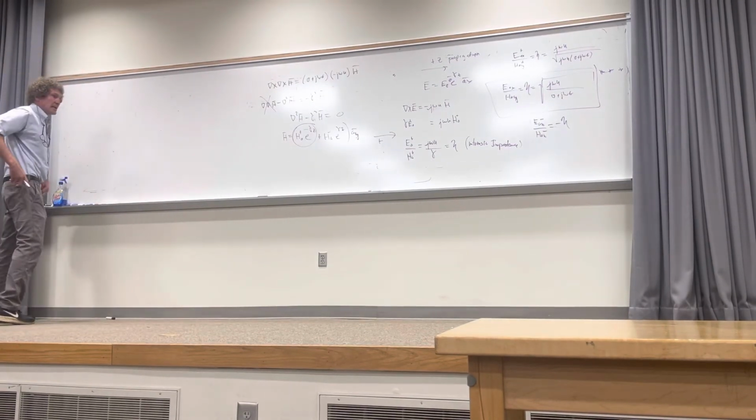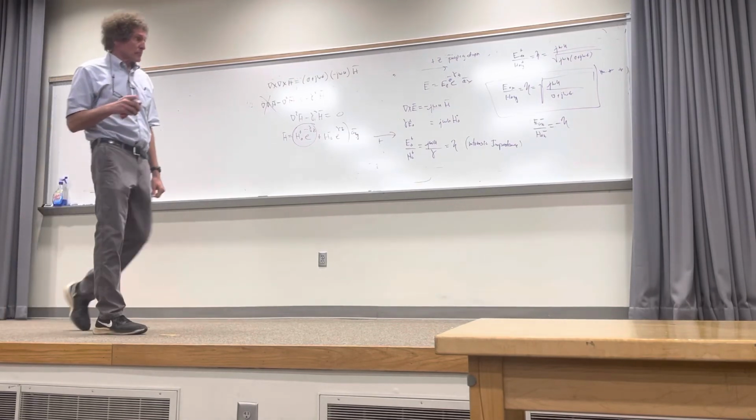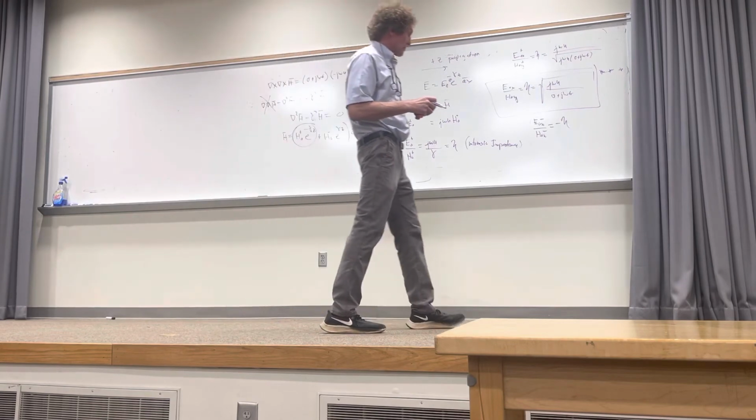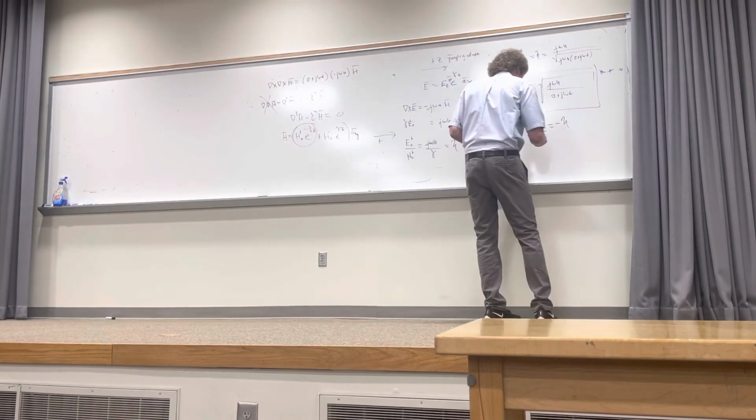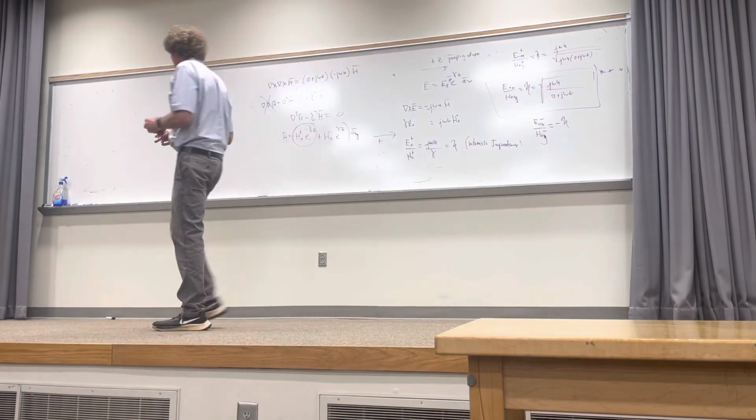So, next thing I'm going to do is write something. Is that for the beta right there, is that E0x over H0x or H0y? It's gotta be Y. Right. It's E. Now, the reason I'm saying that is this.